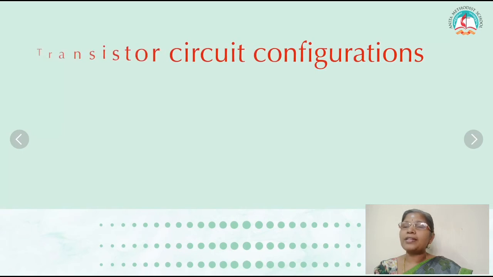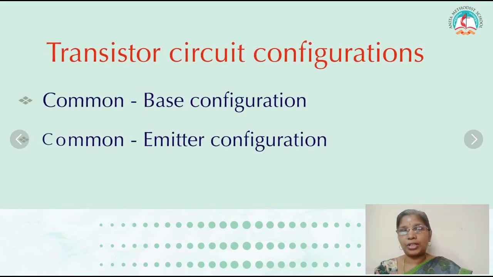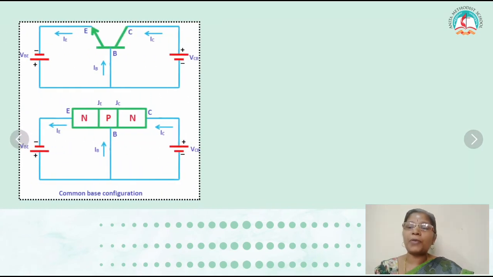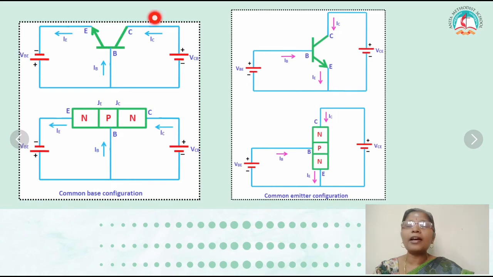Okay, now the next one is transistor circuit configuration. 3 types of configuration are here: common base configuration, common emitter configuration, and common collector configuration. Common refers to common for both the input and output side. That is common base: the base terminal is common for both the input side and the output side.